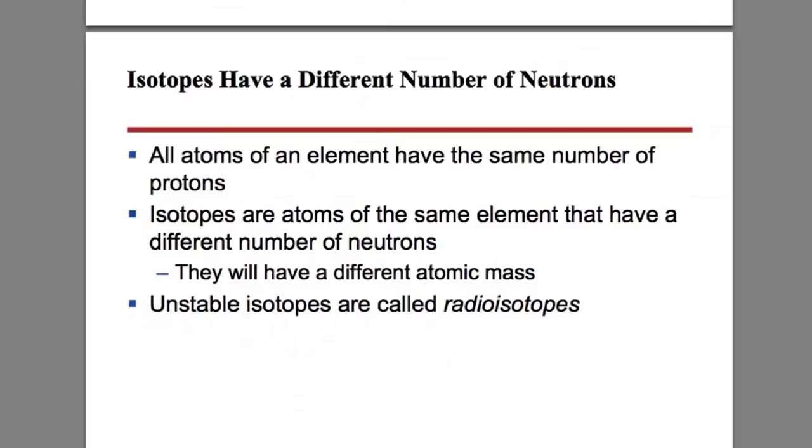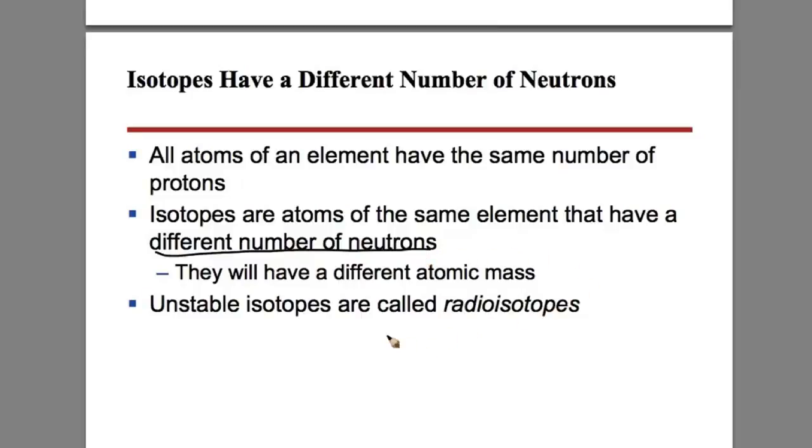I also briefly mentioned isotopes. Atoms of an element that have the same number of protons but different atomic masses, mostly because of the different number of neutrons, are different isotopes.